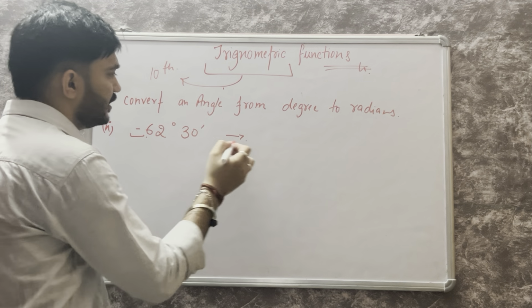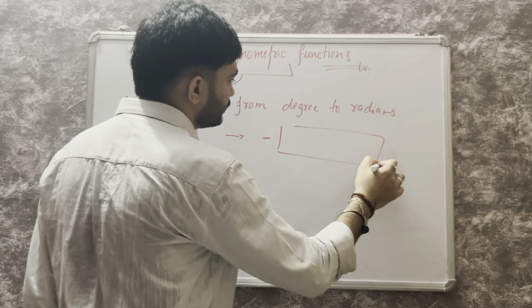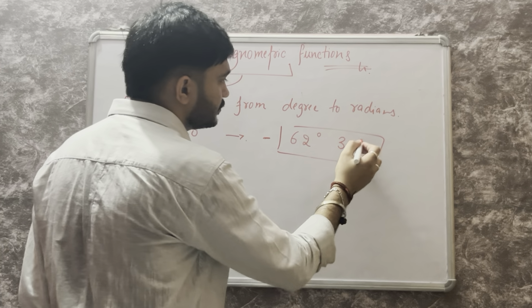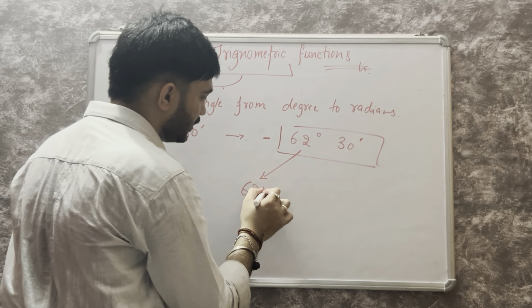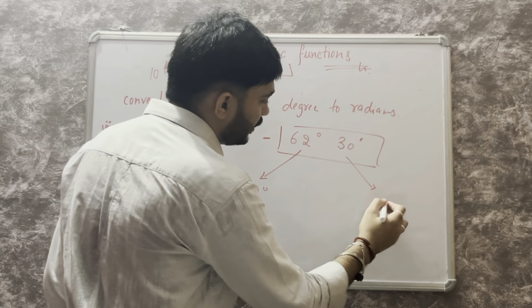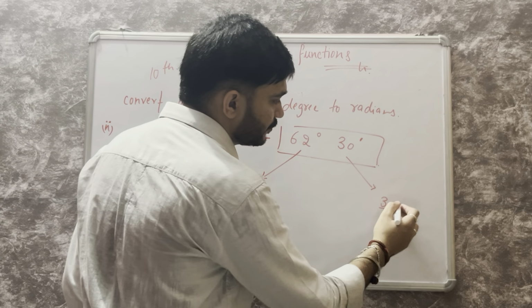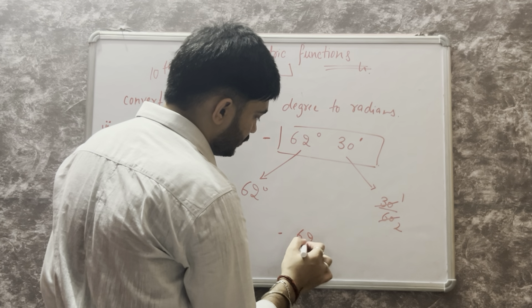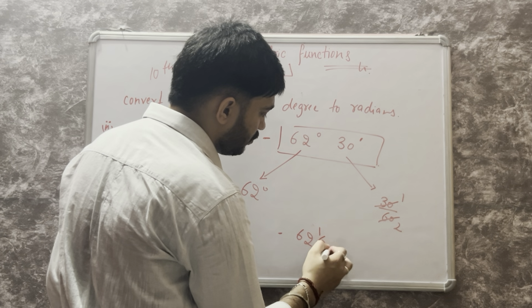Leave the minus sign as it is. 62 degrees 30 minutes. Separate the degree and divide the minute by 60, which gives 1 by 2. So 62 and 1 by 2 degrees.